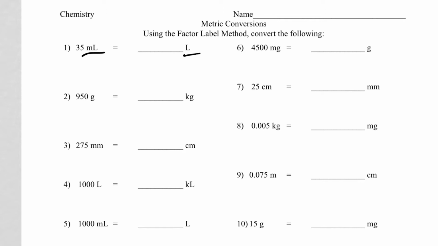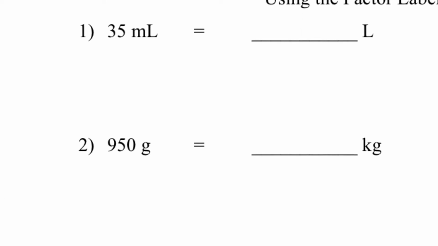That requires a single conversion factor because it is the same type of units, and it is a single prefix one, so milli in this case, converting to the one without the base unit. This case is one conversion factor away, so we're going to start with that.